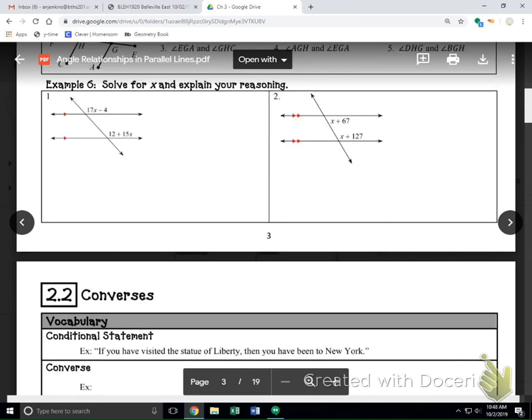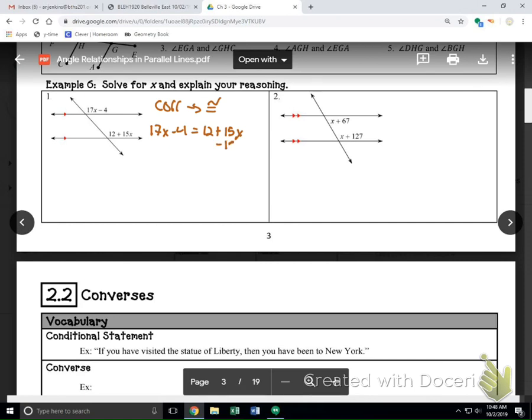We want to talk about the relationship between these two angles. What's the relationship here? They're going to be parallel lines, but the one that we have this measure for and this one? Corresponding. And we know corresponding angles are congruent. So I'm going to do 17x minus 4 equals 12 plus 15x. We got to combine those like terms. Like terms are the things that have the x's and things that don't have the x's. So what am I going to do first?